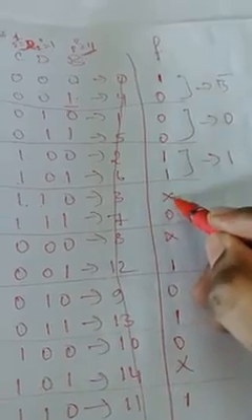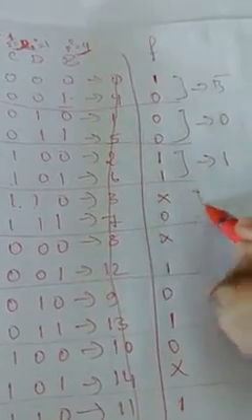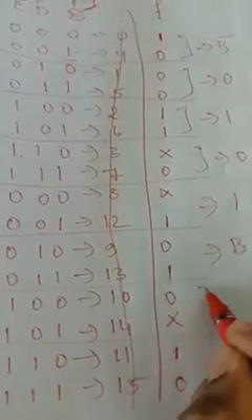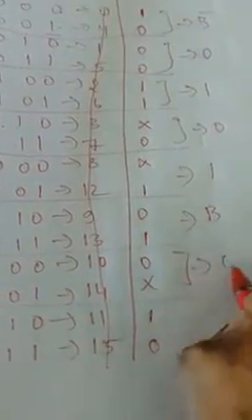So B bar, 0, 1, 0, 0. Both are 0, write 0. Both are 1, write 1. When it is X, write it as 0. This is 1. This is 0, 1, 0, 1, same as B. So B. 0, X, 0, 1, 0, 0, 1, reverse B bar.